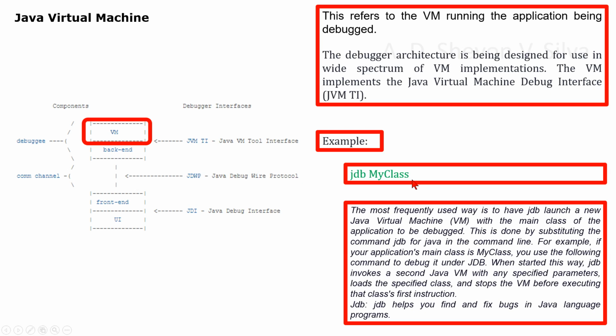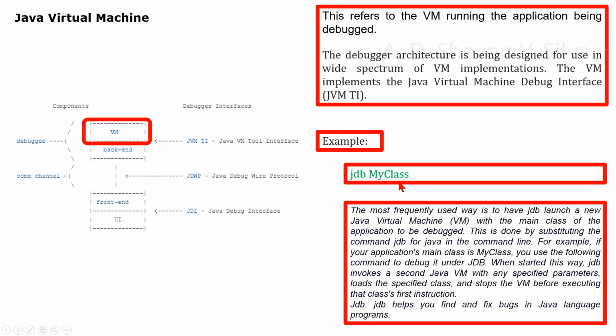The most frequently used way is to have JDB launch a new Java virtual machine, VM, with the main class of the application to be debugged. This is done by substituting the command jdb for java in the command line. For example, if your application's main class is MyClass, you use this command to debug it under JDB.